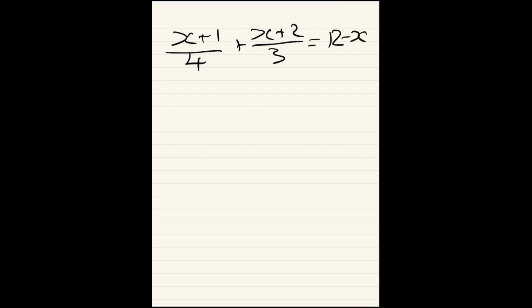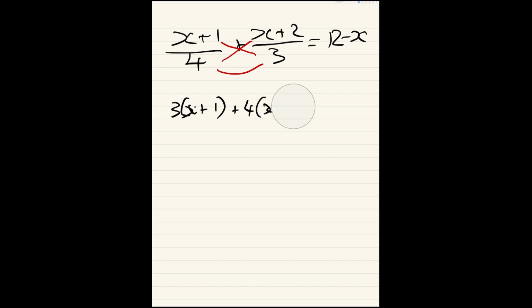So it can become quite complicated, but just remember these are essentially linear equations just with fractions involved. So I would expand the left-hand side for now, so I'm just going to do the denominators multiply together, and then of course as before multiply across the diagonals. So I'm going to end up with 3 lots of x plus 1 added to 4 lots of x plus 2.